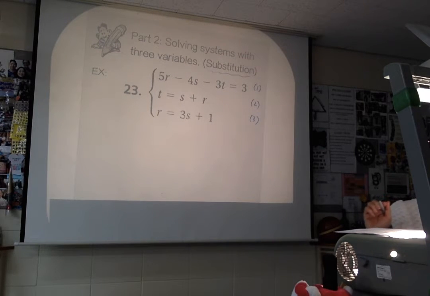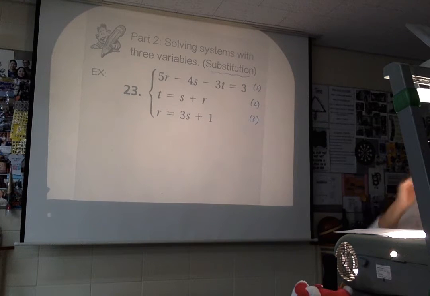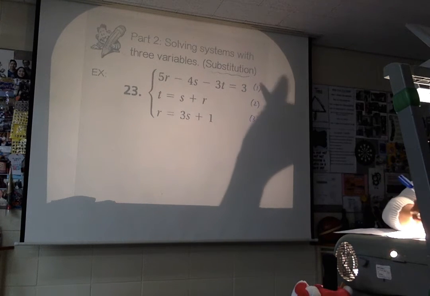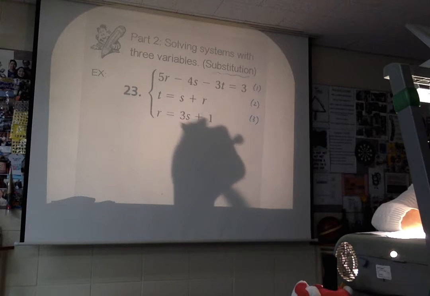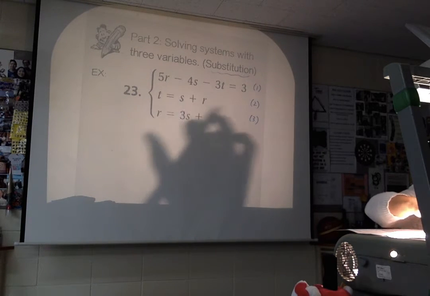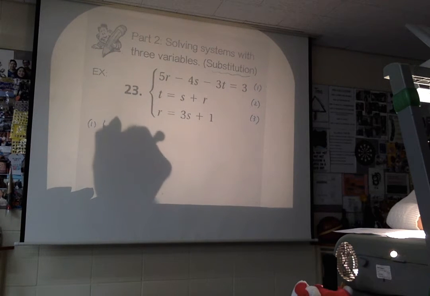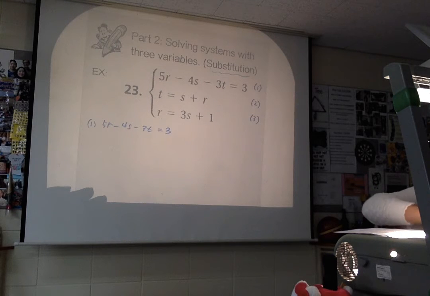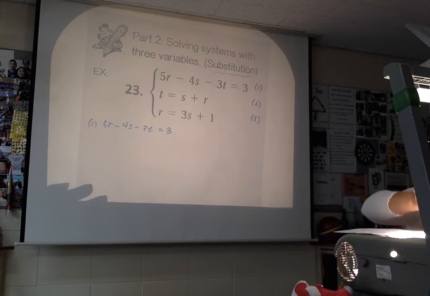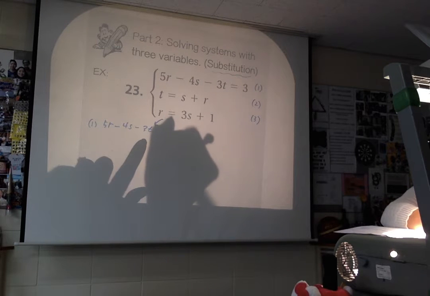You choose one equation to work with, but you use the others to help it out. Since we're doing substitution, you can see that t is equal to s plus r, and r is equal to 3s plus 1. We can use those to help out with equation 1. So we start with equation 1: 5r minus 4s minus 3t equals 3. We're going to use equation 2 to plug in for t.